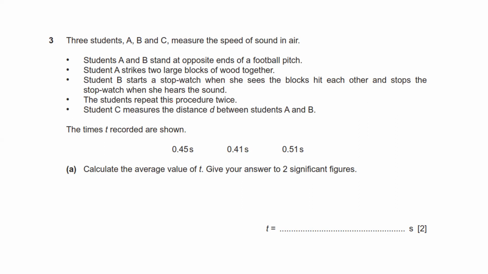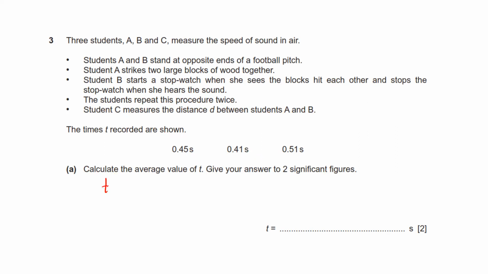The student repeats this procedure twice. The student C measures the distance between students A and B. The times recorded are 0.45, 0.41, and 0.51. Calculate the average value T. Give your answer to 2 significant figures.